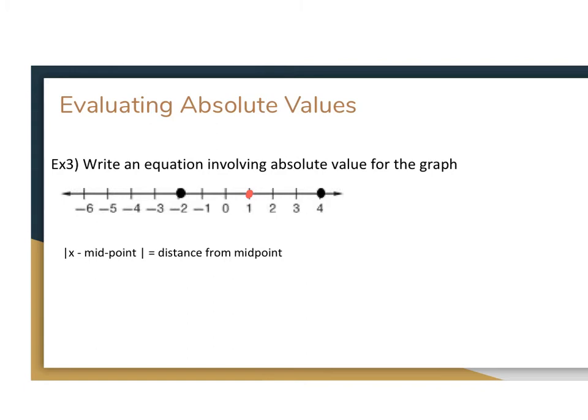So the equation is the absolute value of x minus our midpoint, which is 1, is equal to the distance from the midpoint, which we can see is 3, if we count 1, 2, 3. Remember that formula, and make sure you have that in your notes.